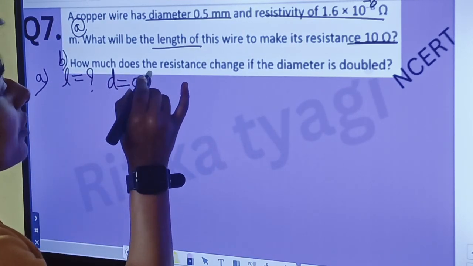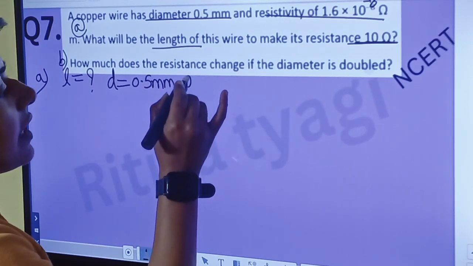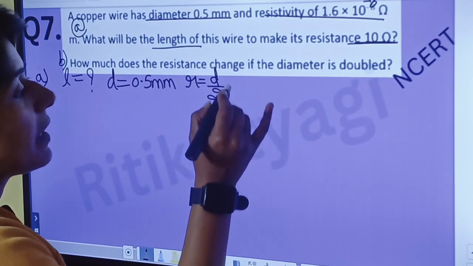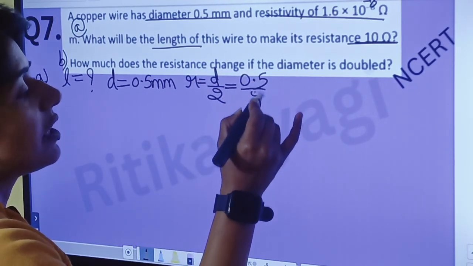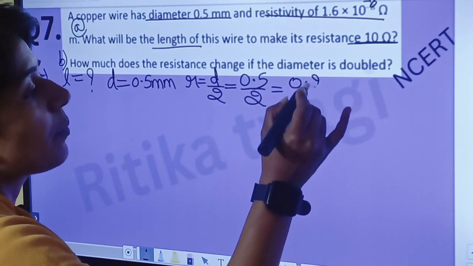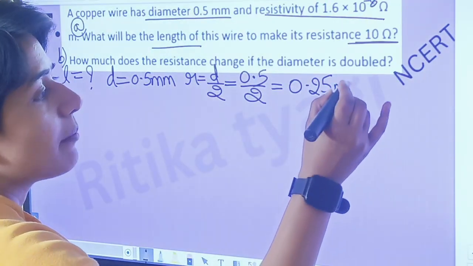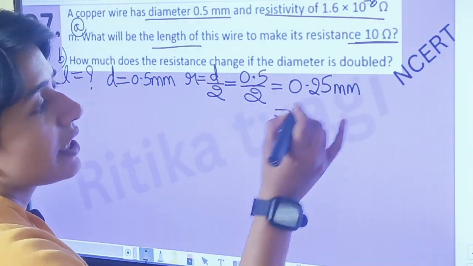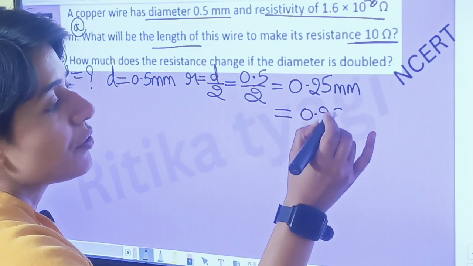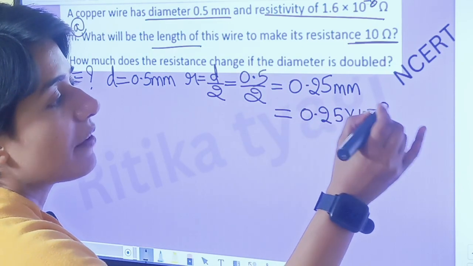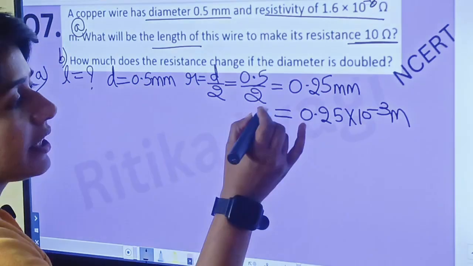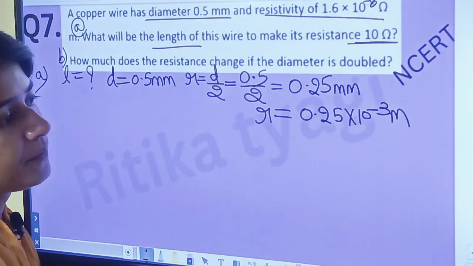Diameter is given 0.5 mm. Then radius is equal to diameter by 2, that is 0.5 divided by 2, we get 0.25 mm. Now converting it into meter, that is 0.25 multiplied by 10 to the power negative 3 meter. It is the radius of this wire.